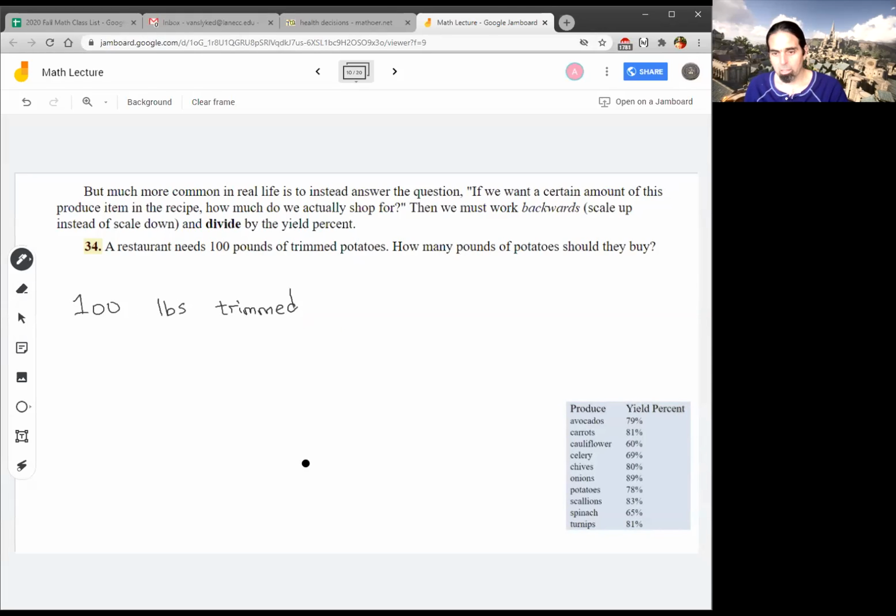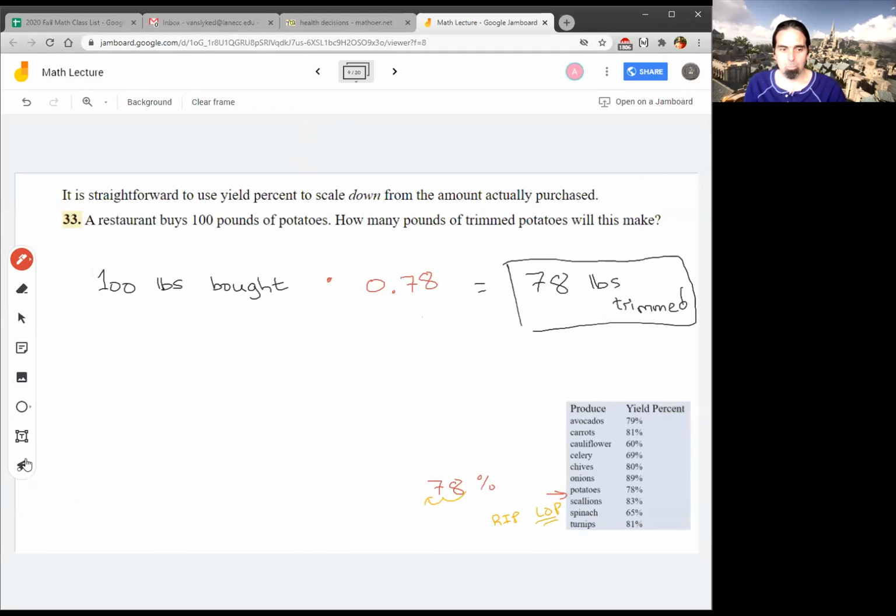If we multiply it by the 0.78, we're going to get an even smaller number. That's like we're double trimming our potatoes. So we want to do something else instead. What should we do that's the opposite of times 0.78?